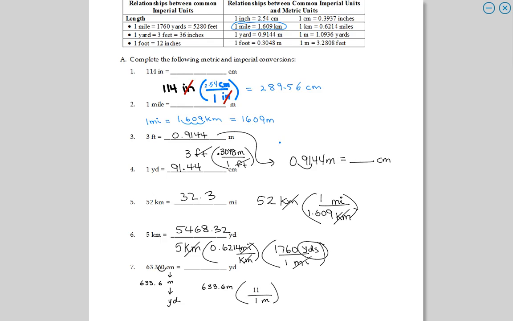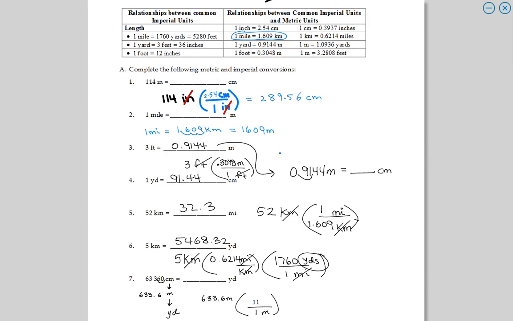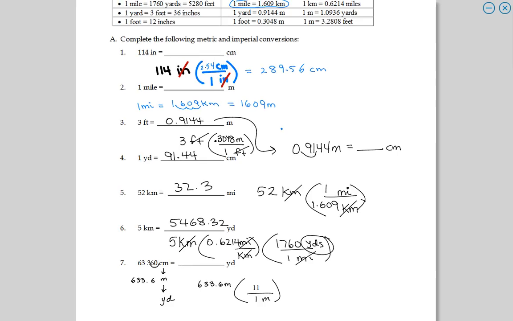In 1 meter there is 1.09. This one here, 1.0936. 633.6 times 1.0936 is 692.9 roughly.